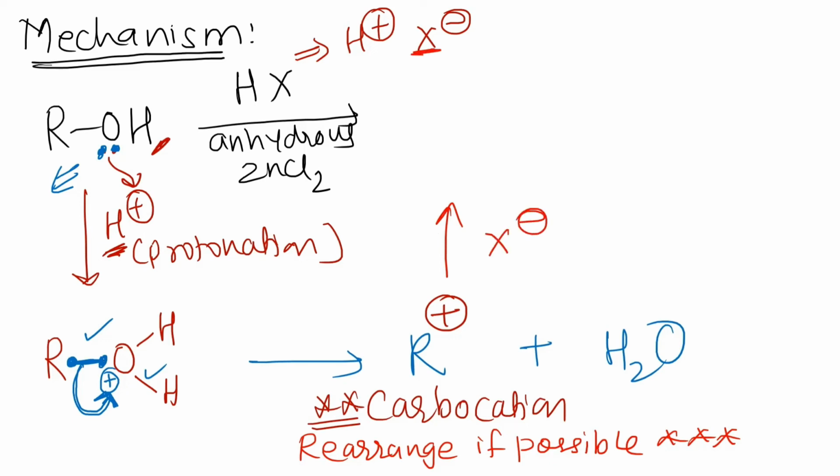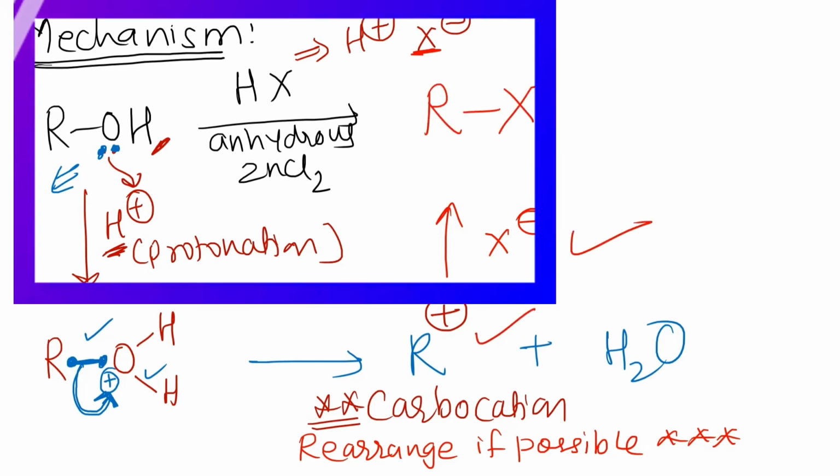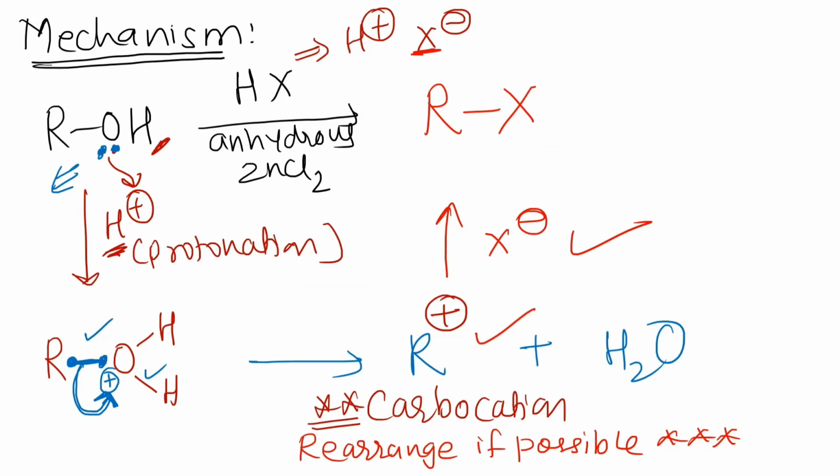This R plus and X minus will react and form this product, that is RX, alkyl halide. I hope this is clear. I'm going to show you this with more examples so that the mechanism and the rearrangement will be understood clearly.